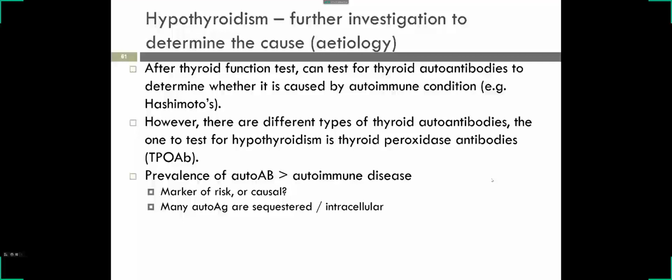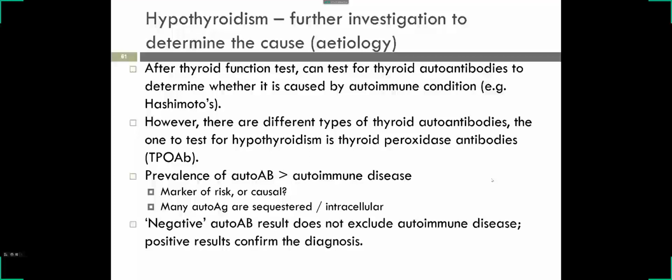If you find that there are antibodies to TPO, it would then be an autoimmune disease. And then you can try to figure out what the risk is and what the causes are. If the autoantibody test is negative, the result does not mean there is no autoimmune disease, but obviously a positive result would confirm the diagnosis.